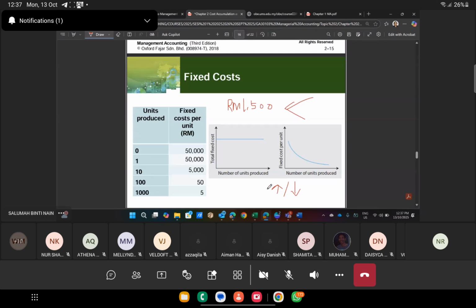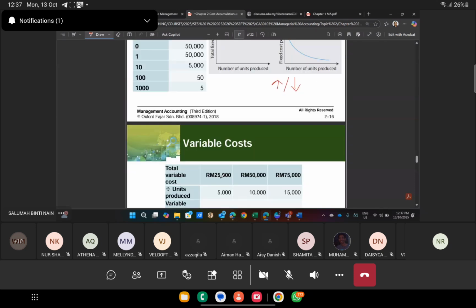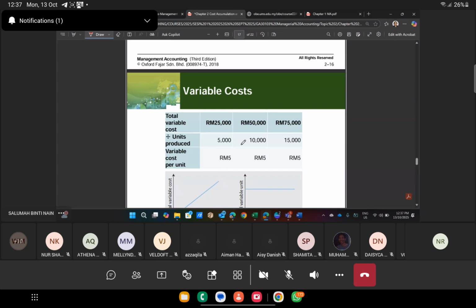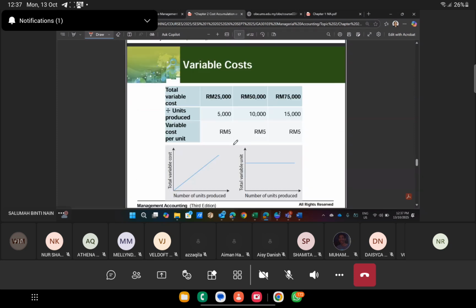But it is different with the variable cost. The more you produce, the higher the cost will be. If we produce 5,000 units, the cost is 25,000. If we produce 15,000 units, the cost will increase to 75,000. That is variable cost.